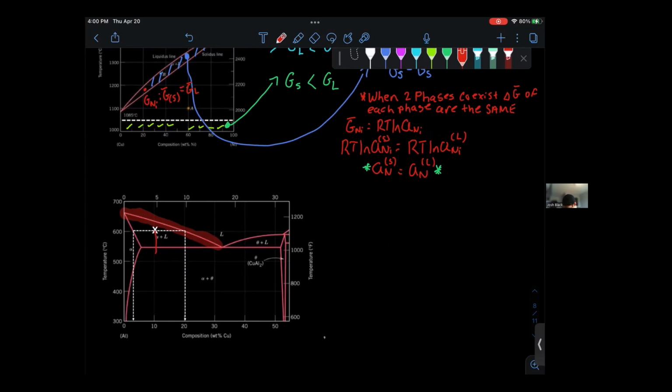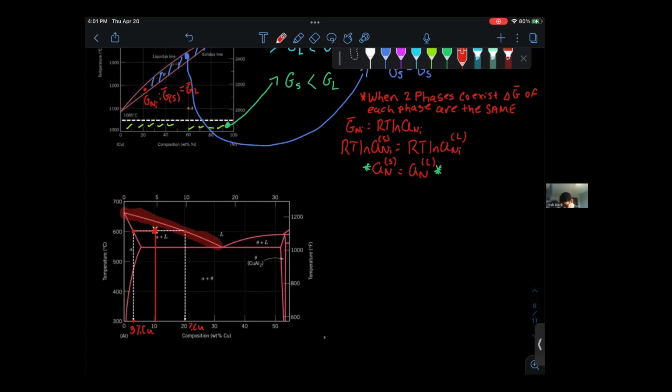So if our overall composition in this phase diagram is around about 10 or 11, and we are in the alpha liquid region, we know that this composition of alpha at around 3% copper, and this composition of liquid, which is around 20% copper, this alpha solid and this liquid are at the composition which together minimizes the Gibbs free energy.